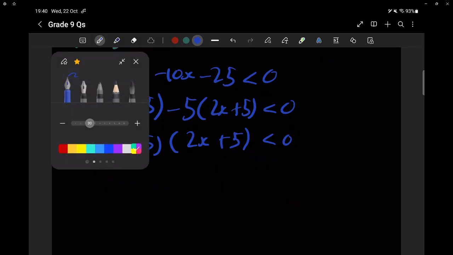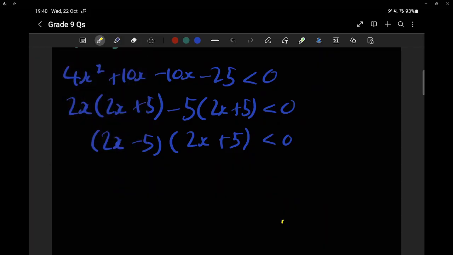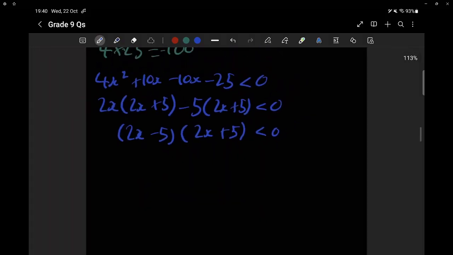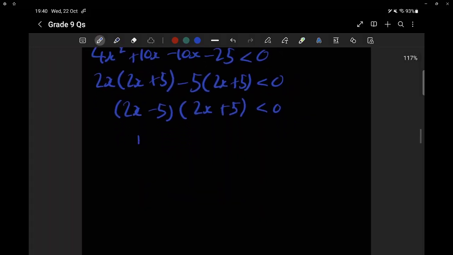So now let's think about the inequality a little bit. If we think about it in terms of a graph, our parabola, and how it's going to look on there. If we draw our graph, and then we know our roots are at, well, let's solve it first actually.